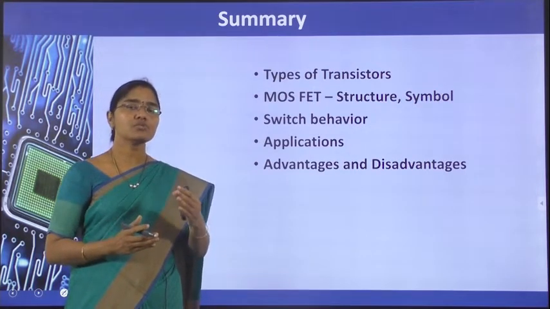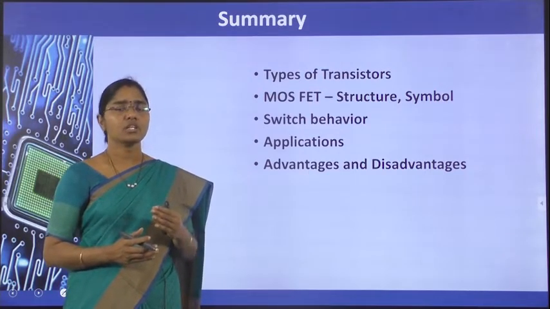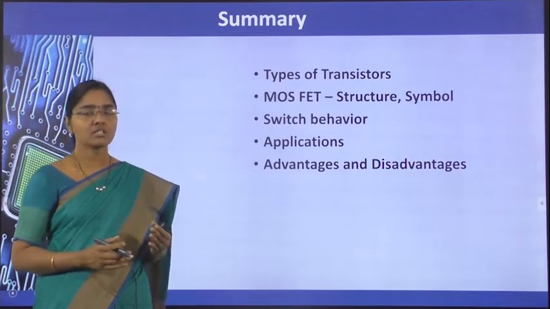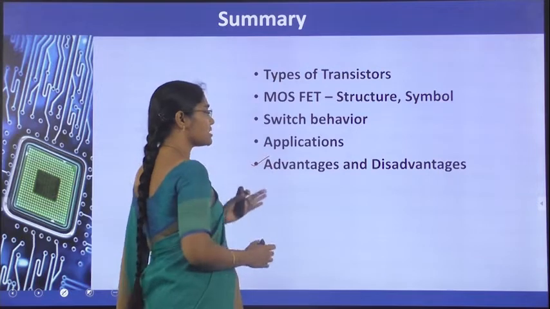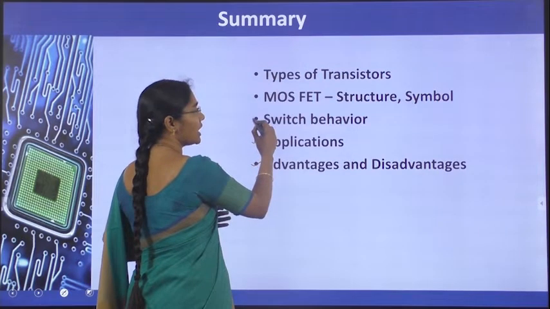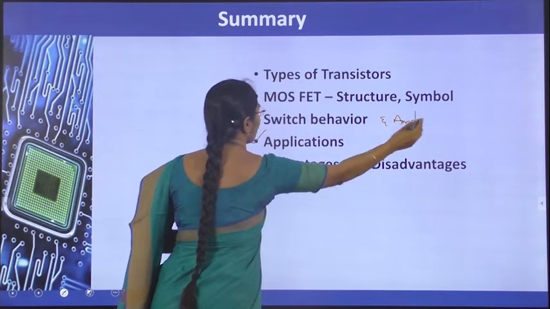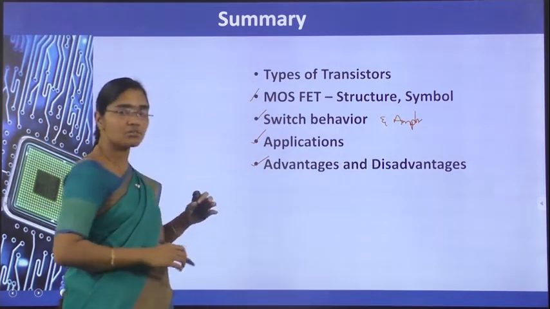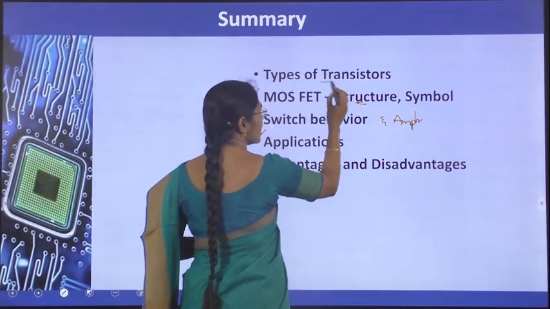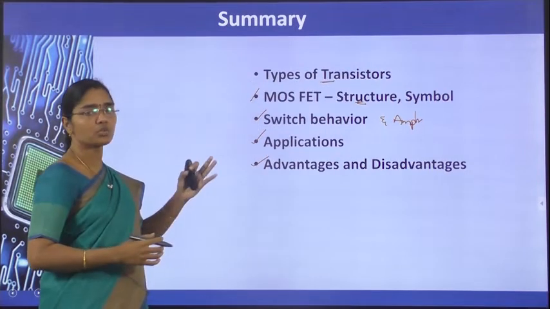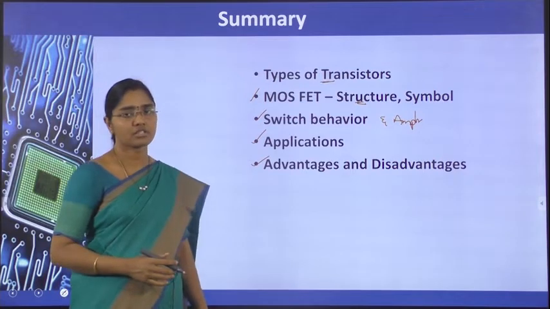We have seen the applications like a switch and amplifier, and the applications, advantages and limitations of the MOSFET, along with the structures and symbols for enhancement, depletion, NMOS and PMOS transistors, starting with the types of transistors, BJT and FET, in this lecture.